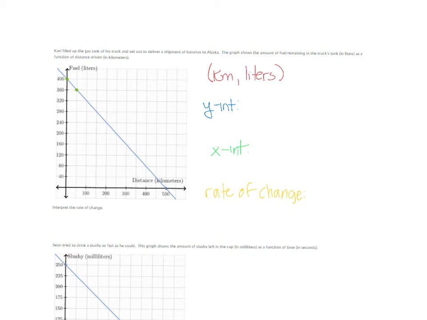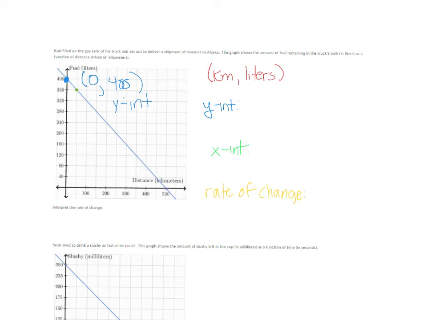The y-intercept occurs right here. The y-intercept is the place where our graph crosses over the y-axis. And so if we look at the point that's there, that point would be (0, 400). And that is the y-intercept, the value of y when x equals 0. What that means in our problem, if you think about what the x value and what the y value represents, is that this is how much gas our tank starts with.